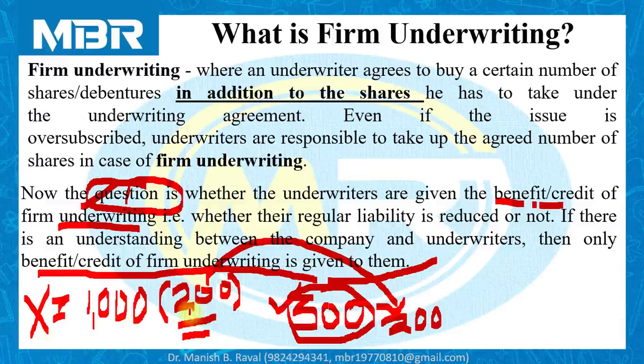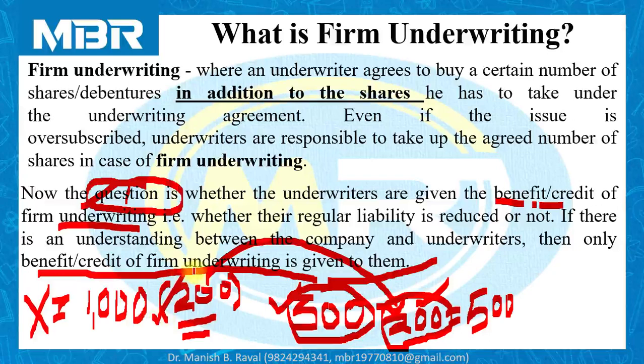So if you consider these 200 applications made by underwriter X, total number of marked applications will be 500. So the question is, credit of these 200 equity shares of the application.